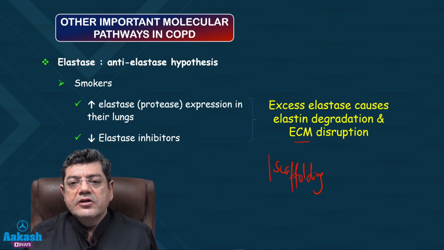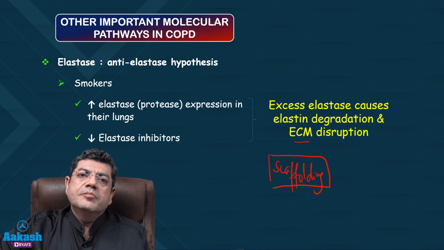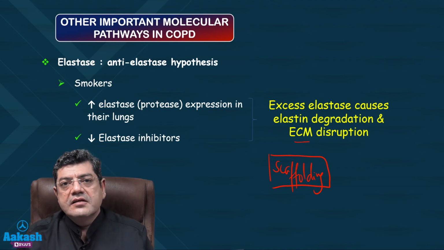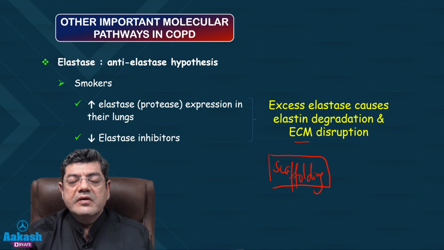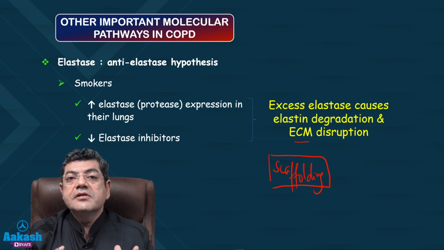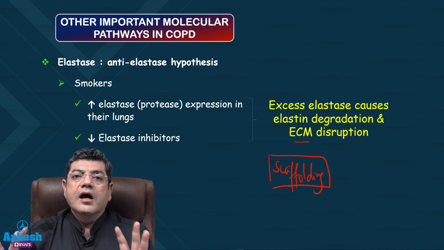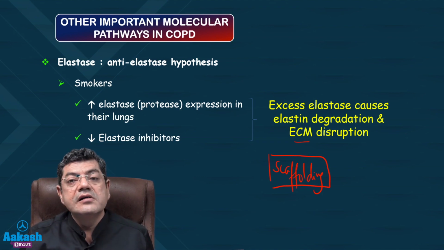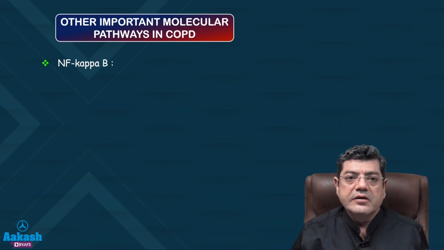So that basic scaffolding, that basic structure on which the alveoli and the pulmonary vessels interact with each other, and the airway walls are distributed in the lungs. When this basic structure is destroyed, the repair that happens leads to formation of an abnormal lung, right? So the remodeled lung is because of this disruption of extracellular matrix.